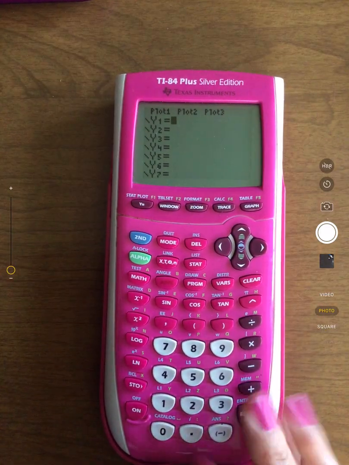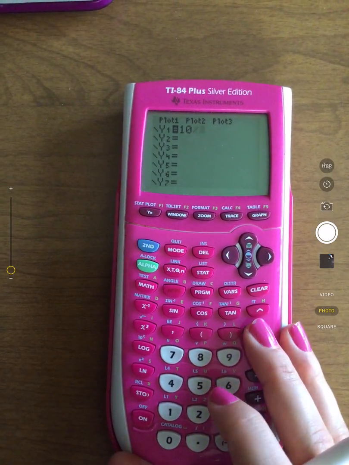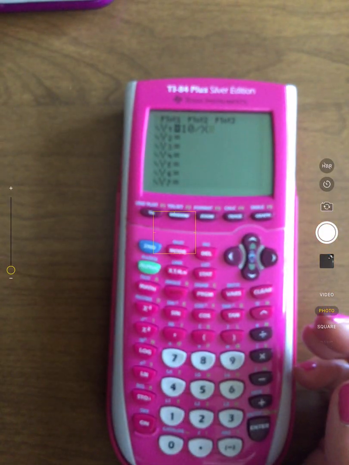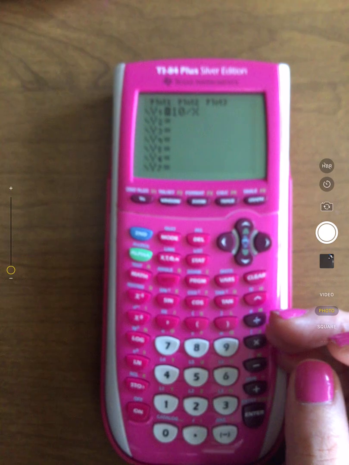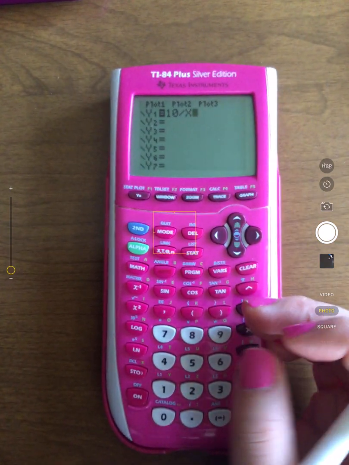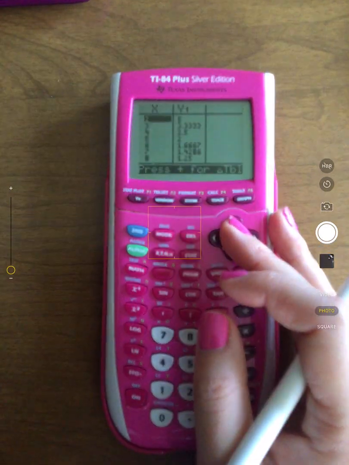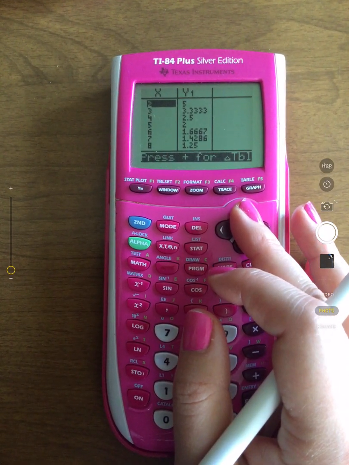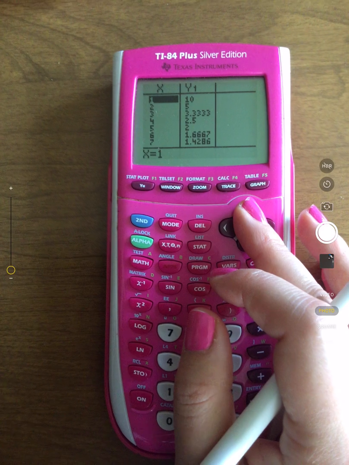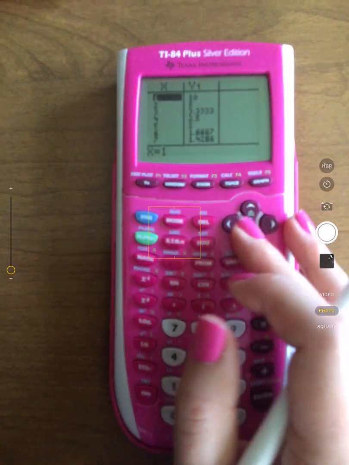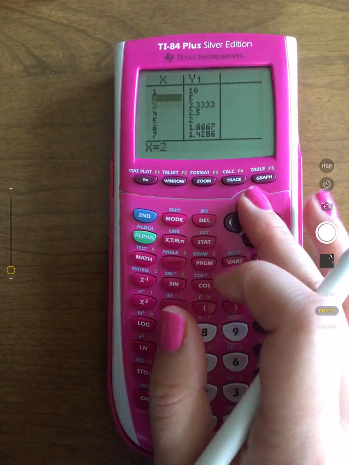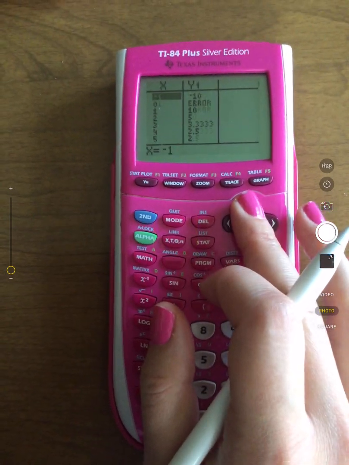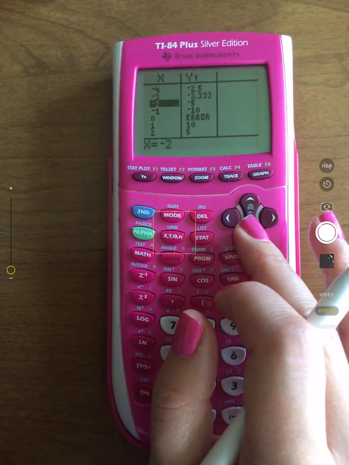I'm looking for 2 numbers that multiply to 10, so I'm going to do 10 divided by x. Now I'm going to look at the table, and I want to find 2 numbers that add to negative 7. I know I'm going to need some negatives in here to get that negative 7, so I'm going to go to my negatives and see.